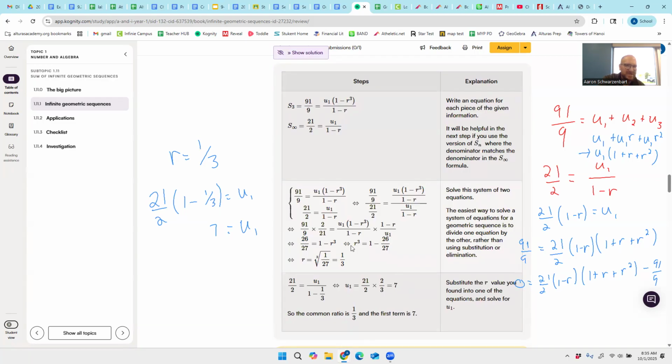Okay. And then to get U1, I just plugged in R. I took that equation because it was already solved for U1. Seemed a lot easier than anything up here.